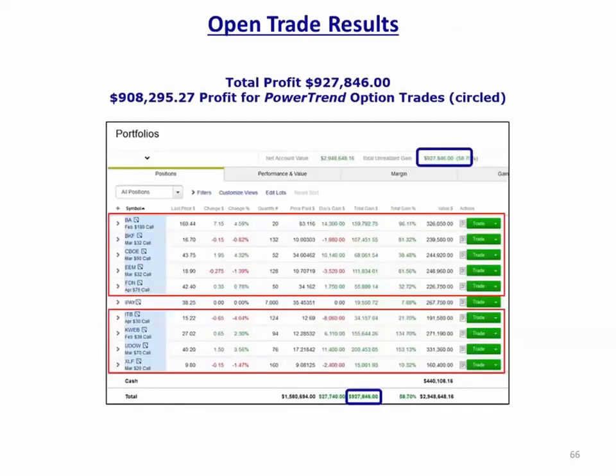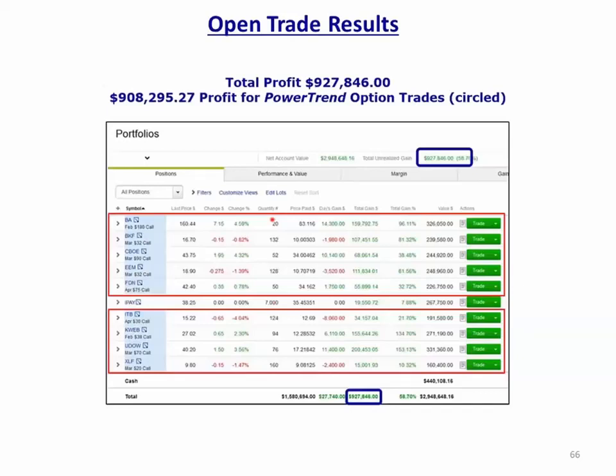So here's a recent snapshot of our open trade profit results, and these were options that we purchased using the PowerTrend system, and we circled the option purchase trades with this red outline here. We had one ETF purchase right here.